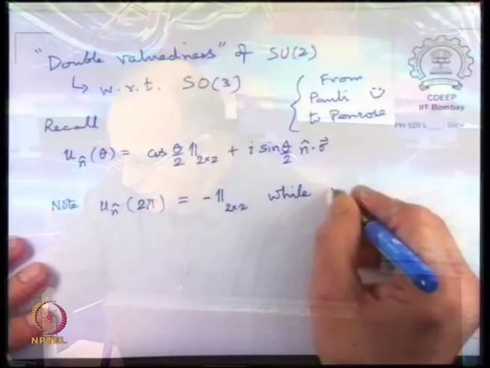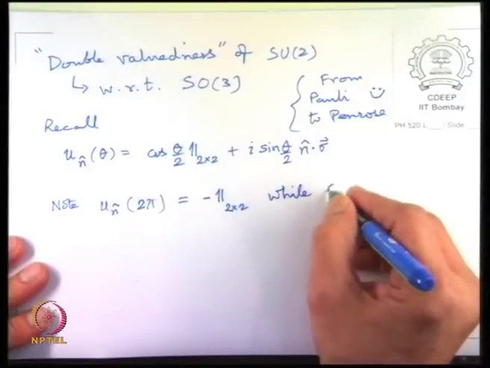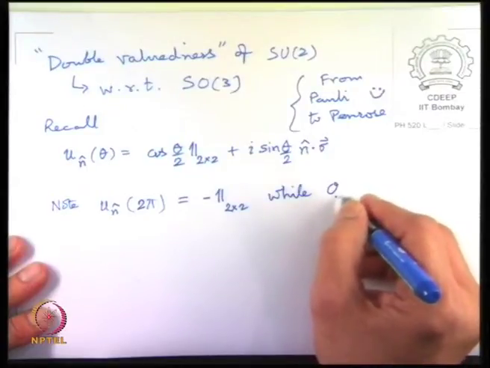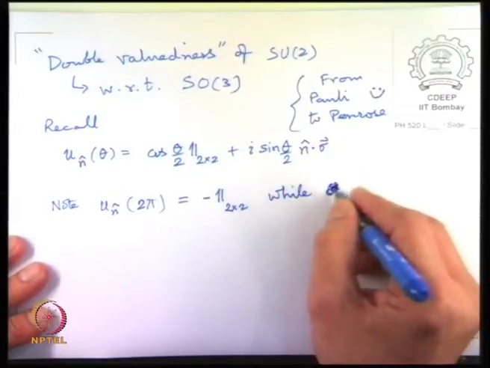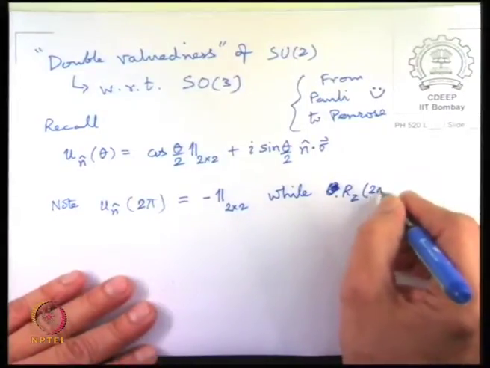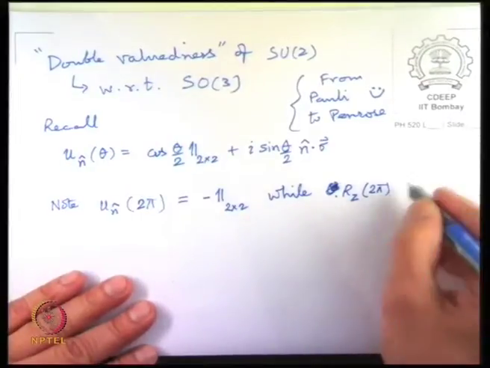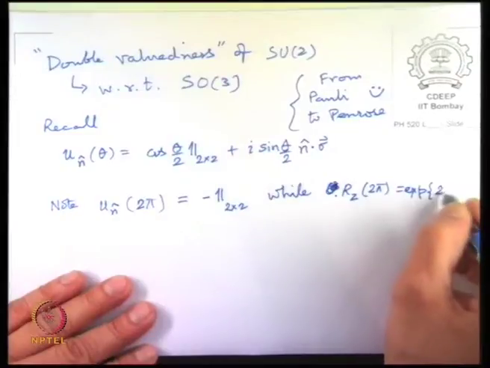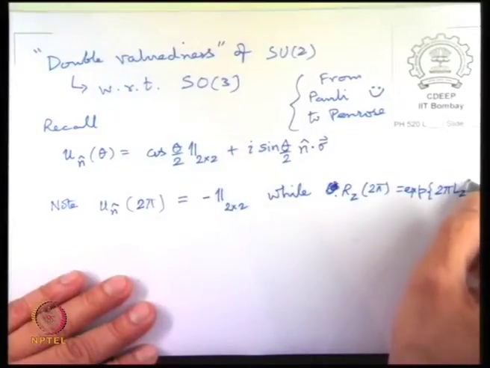the O elements, let us say O generated by theta along the z axis. So what was our notation? That Rz of 2 pi, which would be exponential of 2 pi times Lz, right?